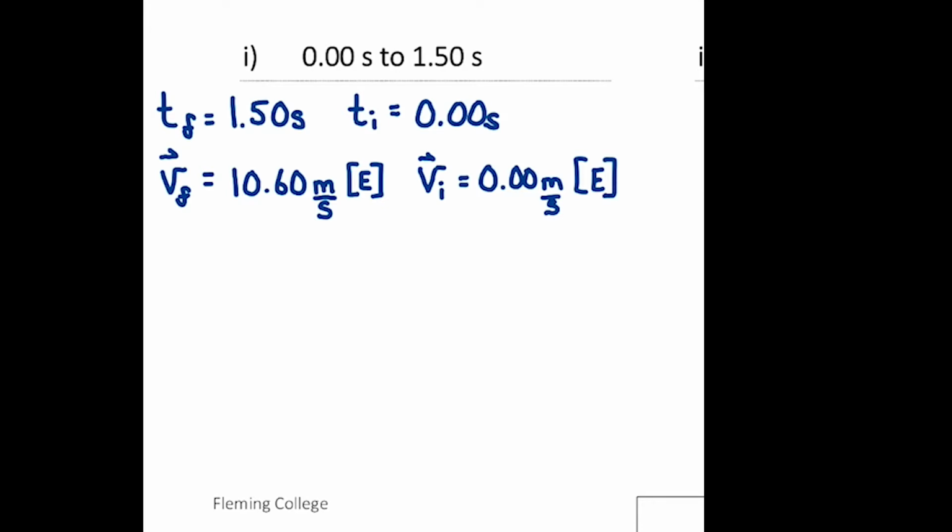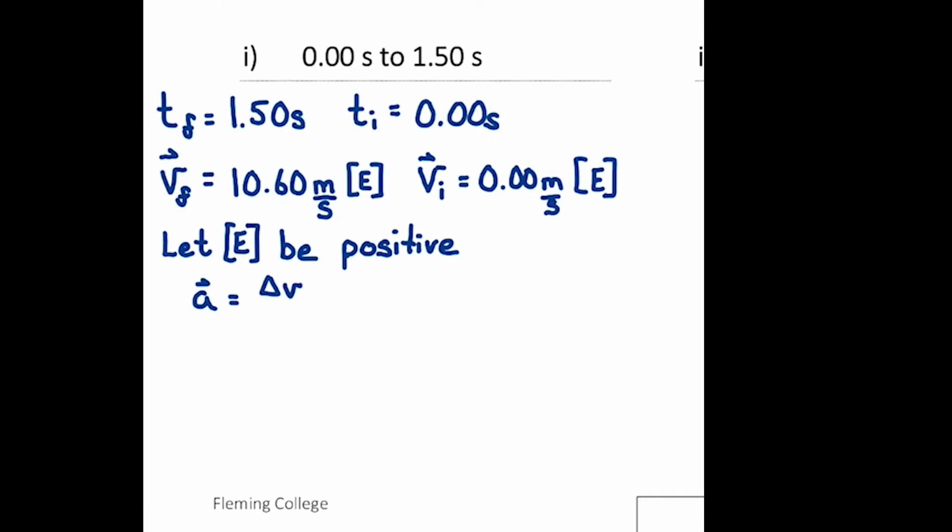In order to calculate the average acceleration, we need to assign one of our directions to positive and one of our directions to negative. By convention, I choose east to be positive. Note, somewhere on your solution, you should mention this notation.